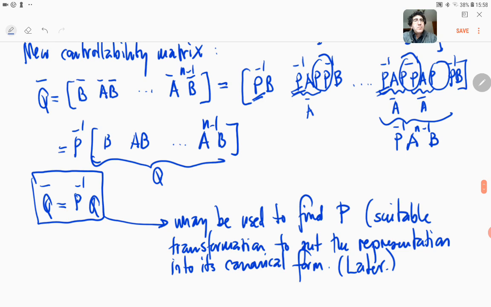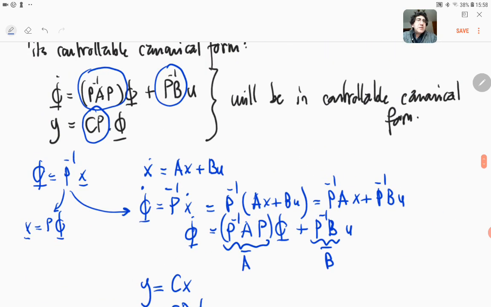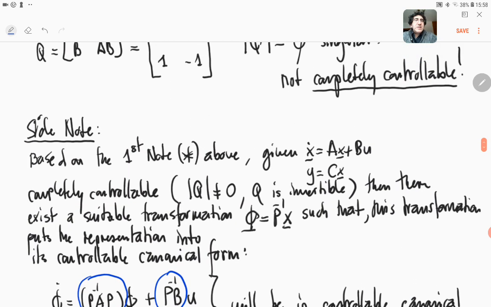This whole part is an interesting side note, but I would say that this is not included, at least in EE302.